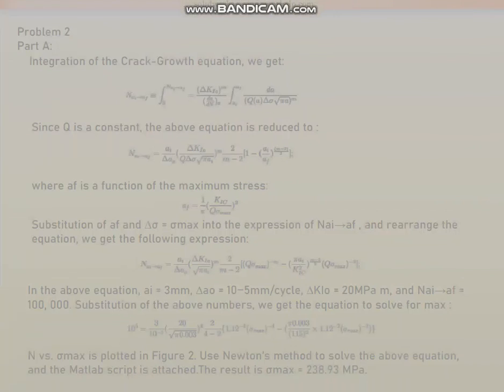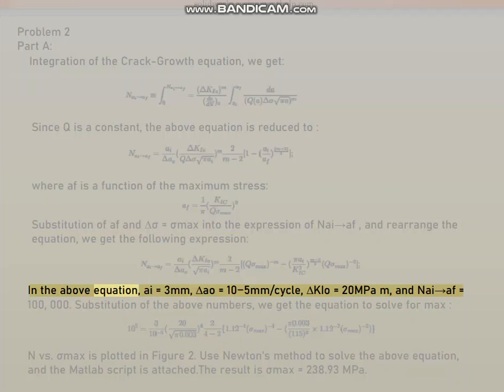SolidWorks assignment help.com. Problem 2 Part A. Integration of the crack growth equation, we get the following. Since Q is a constant, the equation is reduced further, where af is a function of the maximum stress. Substitution of af and delta sigma equals sigma max into the expression of N i-af, and rearranging the equation, we get the following expression.